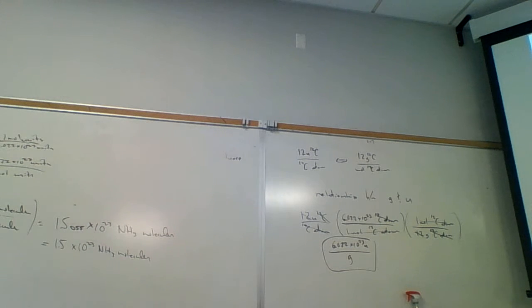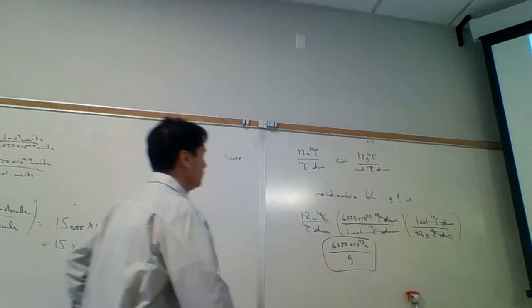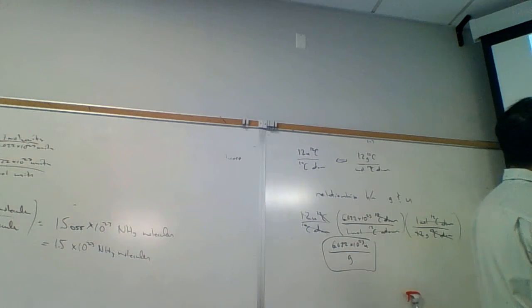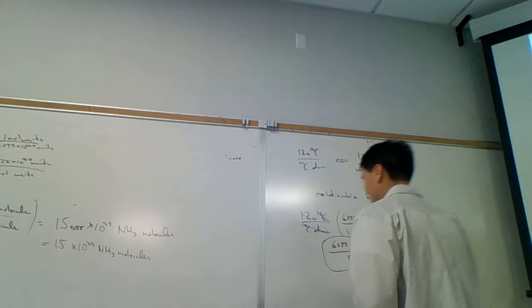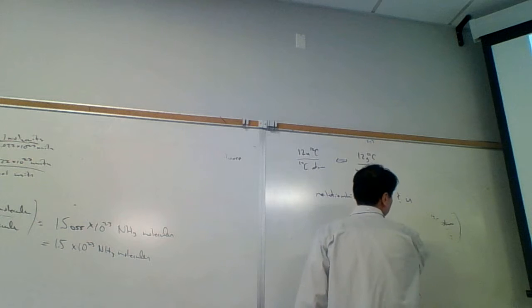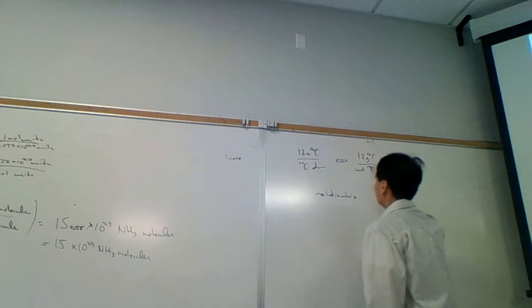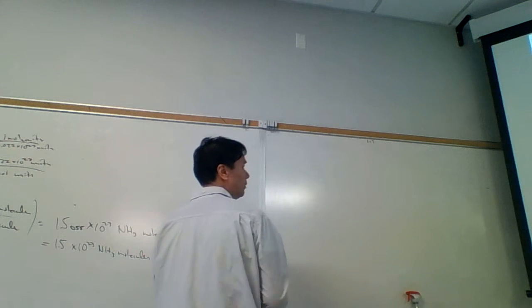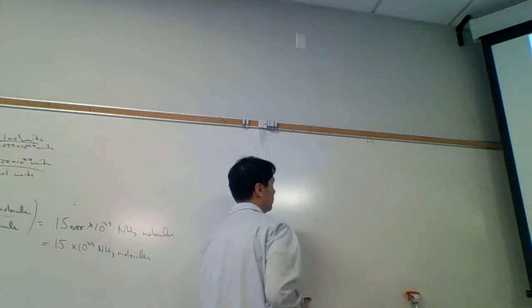All right, so we have all different kinds of names. Let's talk about molar mass, atomic mass, molecular mass, formula mass, all those. Molar mass is going to be quite important.